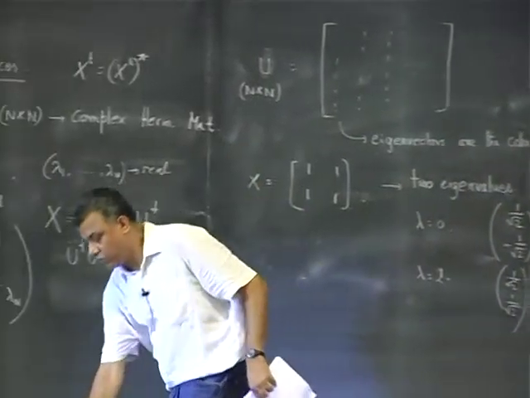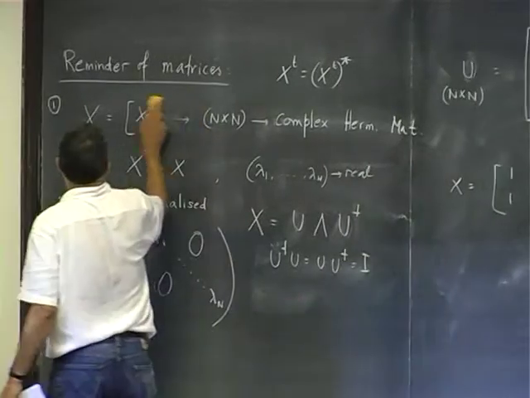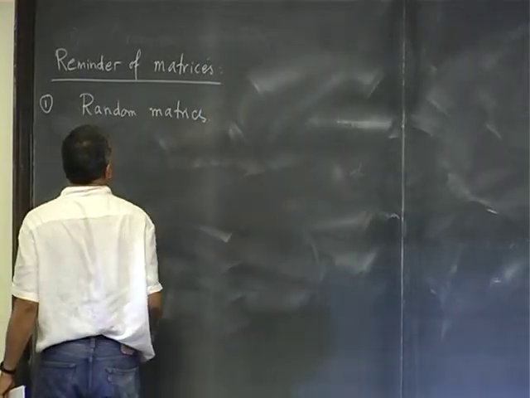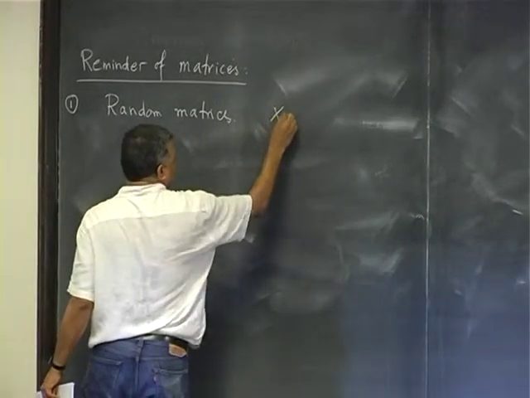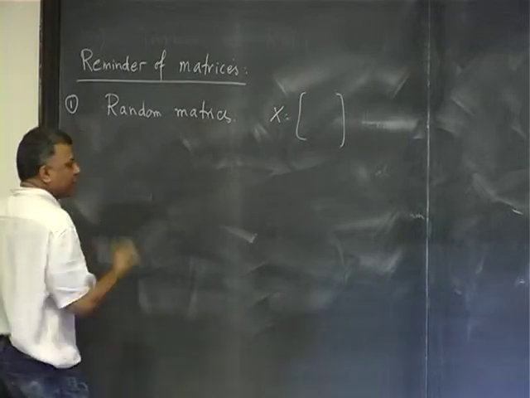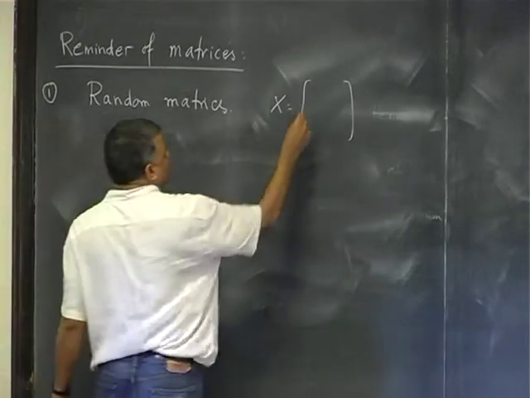So now we want to go back to random matrices. Again, I have this matrix X, which could be any of the 3 classes there, but think of always a real symmetric matrix. Other things are easily generalizable.